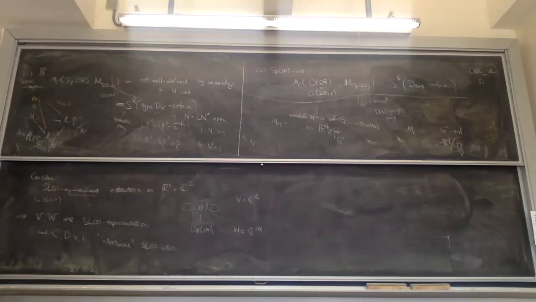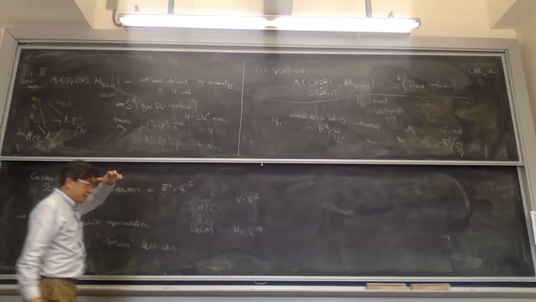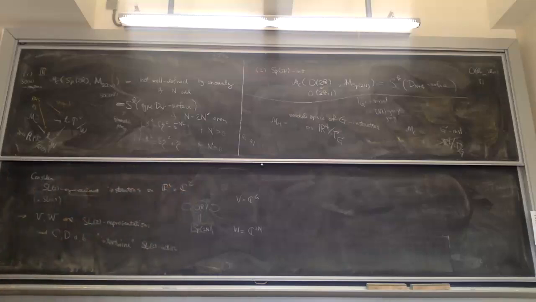I hope this is natural. So if you consider SL2 equivariant instantons, then those vector spaces inherit the structure of SL2 representations.